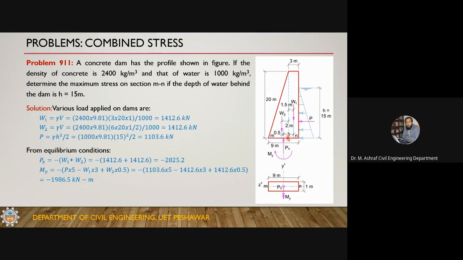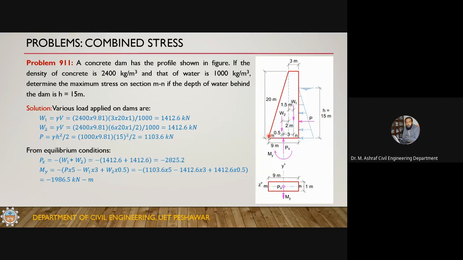But he is not talking about the stability of this system. He is talking about the stresses. There is also a possibility when you apply a force that higher stress is created at this toe. This M is known as the toe of the dam, and this is known as the heel of the dam. This toe may result in very high stress, because when this force is applied, it is trying to produce a movement.